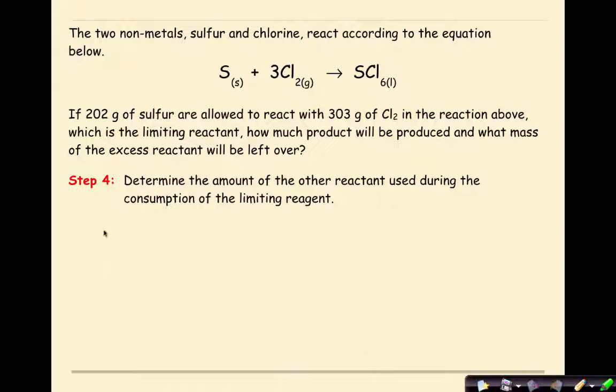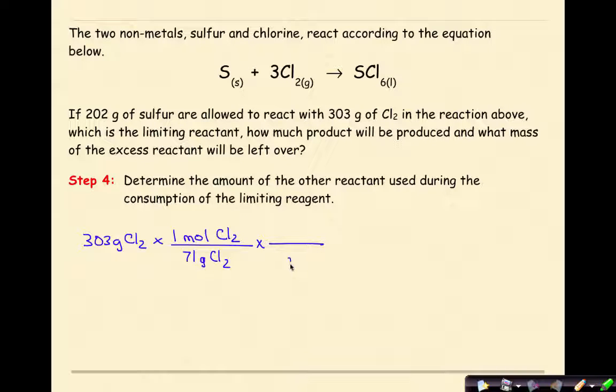So I'm going to start with my mass of limiting reagent, which is 303 grams of Cl2. Just like I've done many times before, I'm going to convert into moles of Cl2, equivalent to 71 grams of Cl2. And instead of going to my product, I'm going to go to my other reactant.